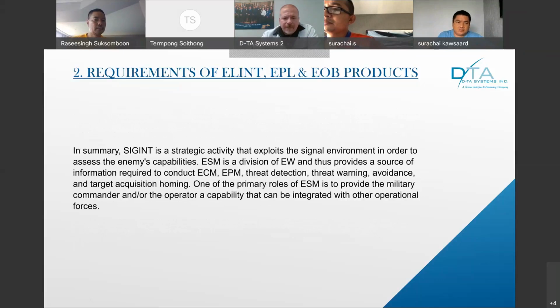In summary, SIGINT is a strategic activity that exploits the signals environment in order to assess the enemy's capabilities.